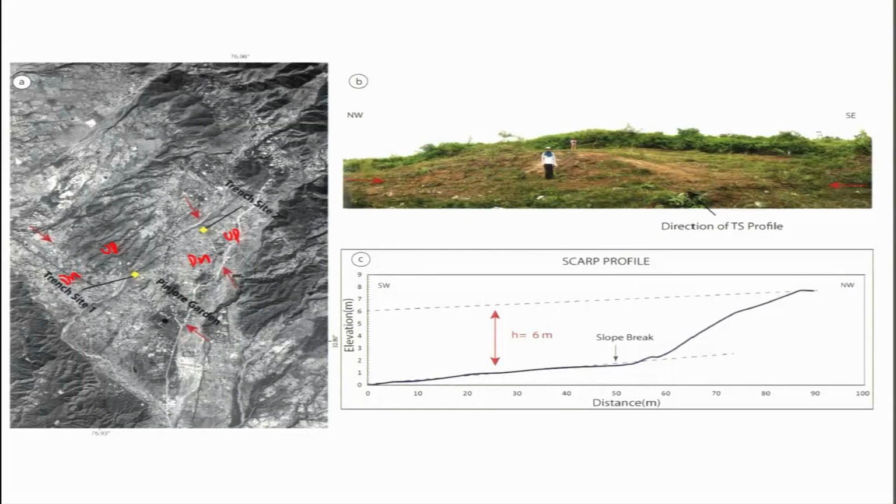So we know this very clearly, and we understand which sharp features we have picked up. The photograph shown here is taken from this place, and this scarp, which we call a fault scarp, is along the Pinjore Garden fault.